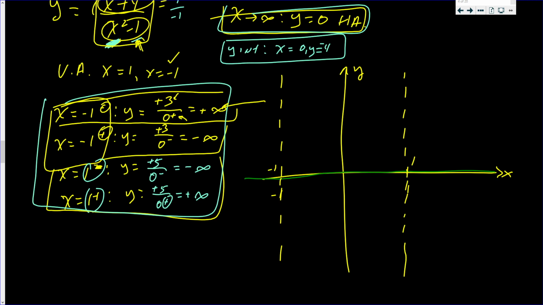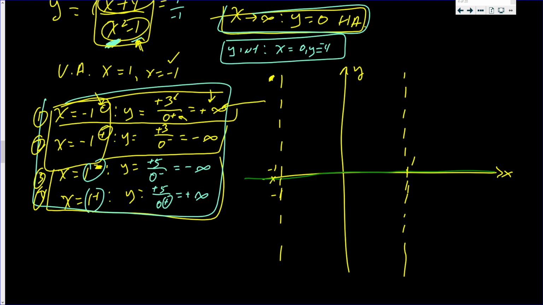The first one says, if you're a little bit less than negative 1, y is at positive infinity. Go up to infinity.